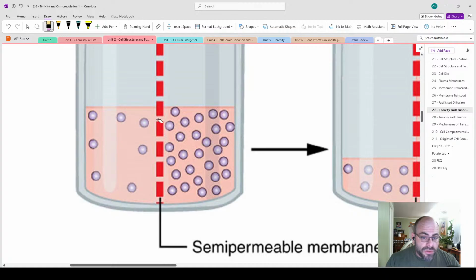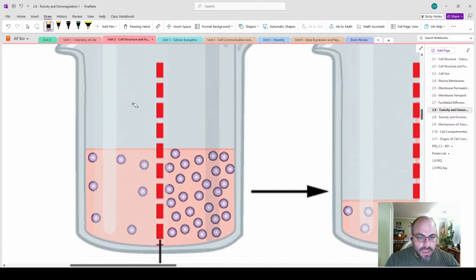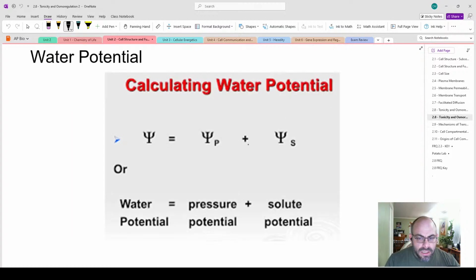You could pretend pressure is 0, and then solute is a number, and those are working together to cause water to move. If there was some pressure pushing down on this, then the pressure plus the solute would be working together to cause water to move. And that working together is called the total water potential, pressure plus solute, right?